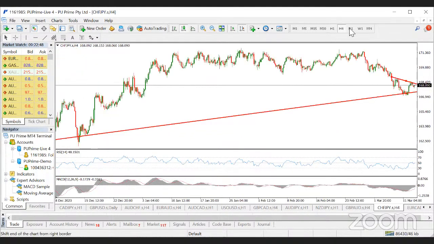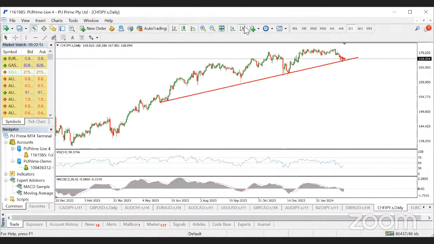For CHF JPY, it's still the same kind of pattern. On the daily time frame, you can see price clearly on an uptrend. And price is currently here.